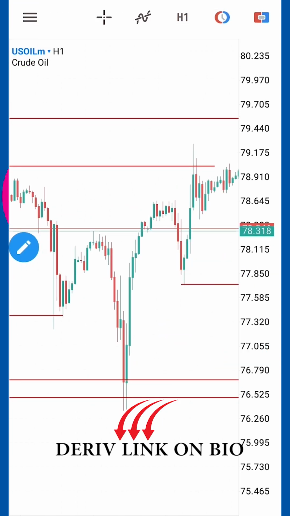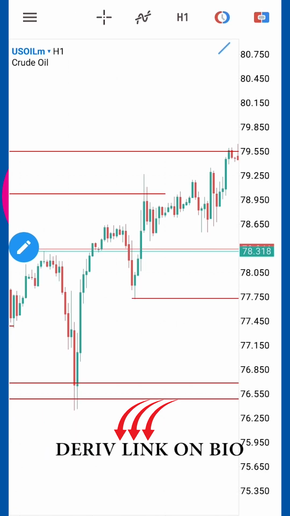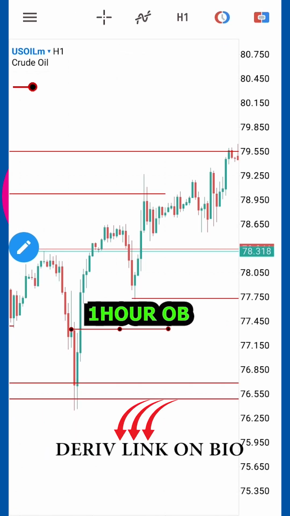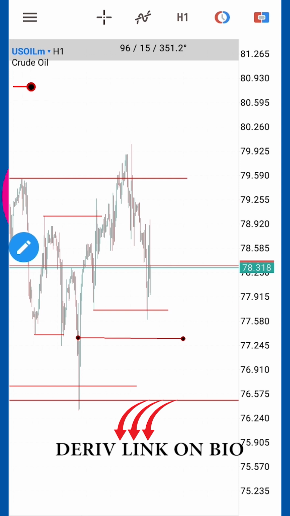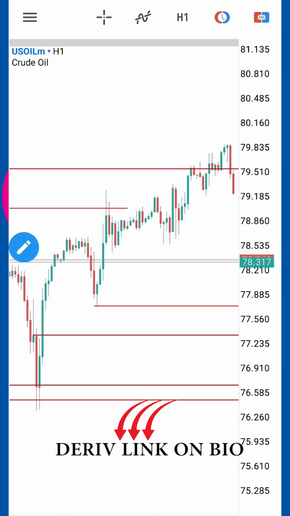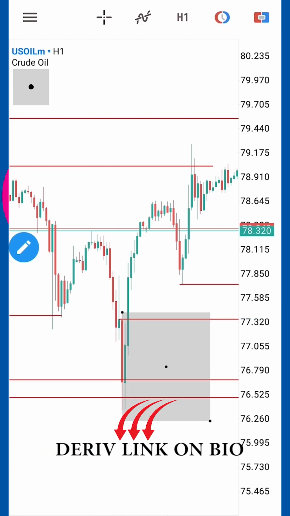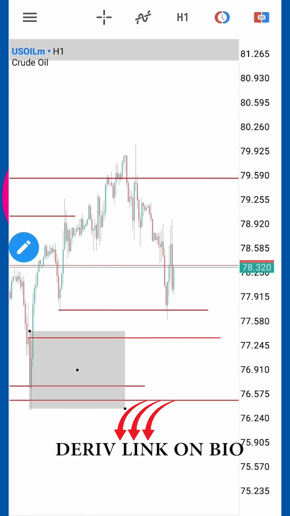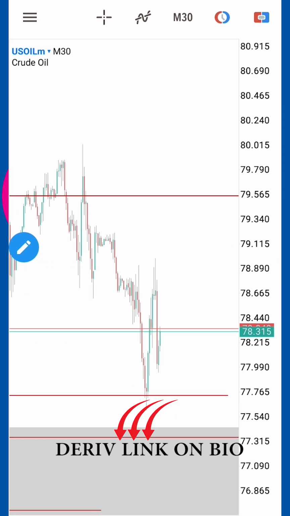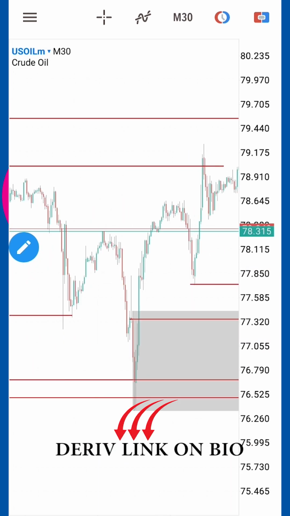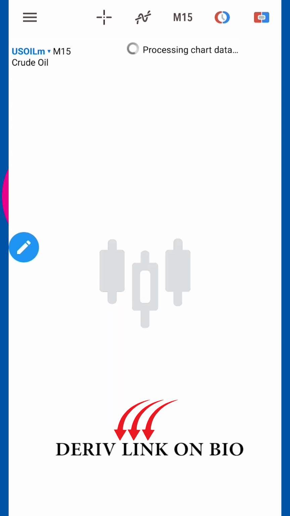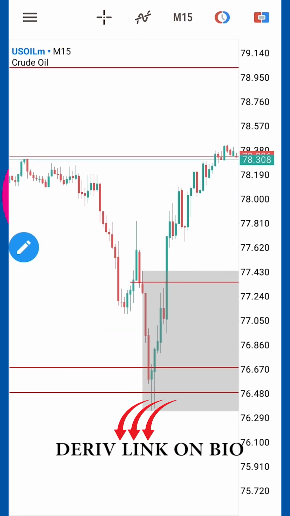And after the imbalance or the fair value gap is the 1-hour order block. So that 1-hour order block is our POI or point of interest, where I think price has to hit and then continue the move up. And now we have this plan in our head that price has to shoot down to fill that imbalance and hit the 1-hour order block.